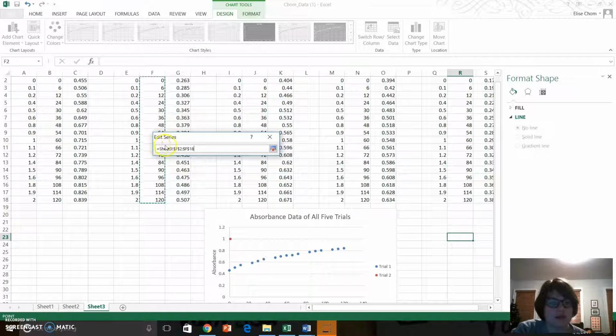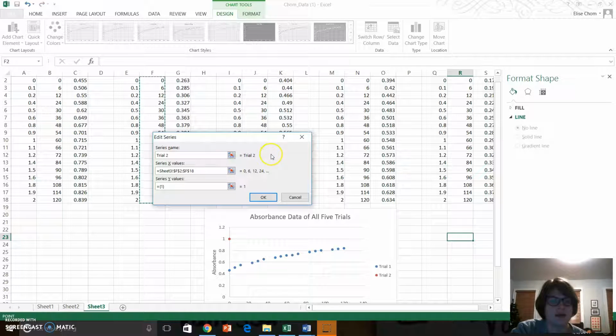And I'm going to get something that looks like this with all of these dollar signs. Whoops. Okay. I'm going to click back to this button, which is going to bring back this big thing. You notice over here, my X value is 0, 6, 12, 24, continue. If you look here, that's exactly what it is.